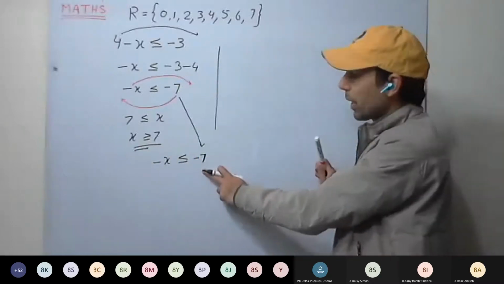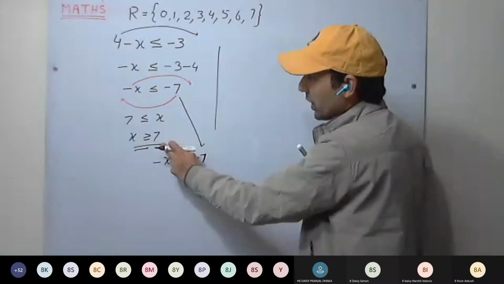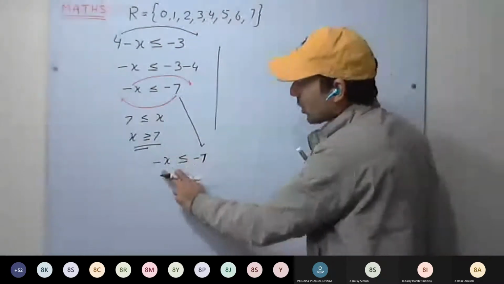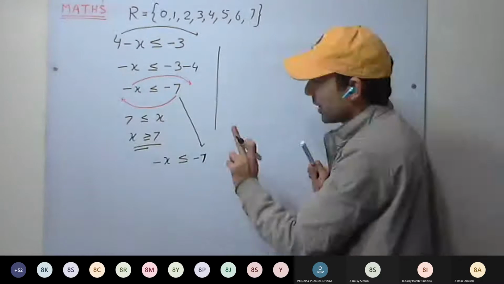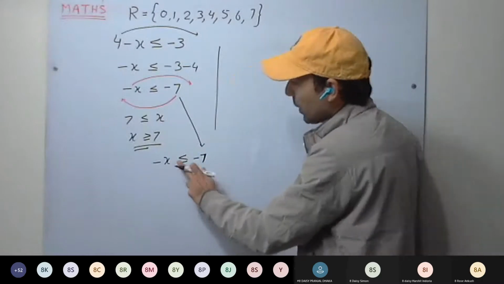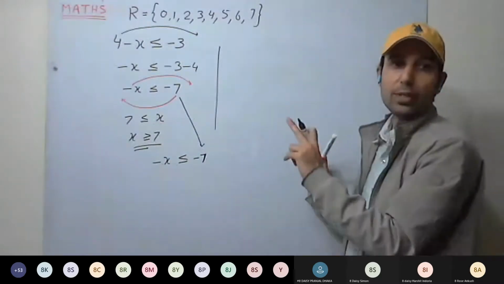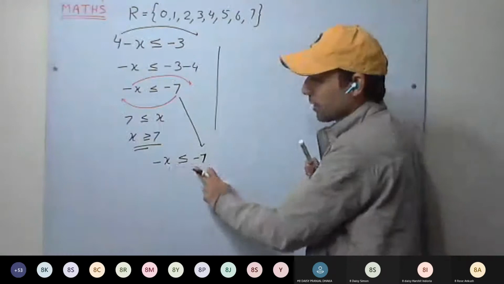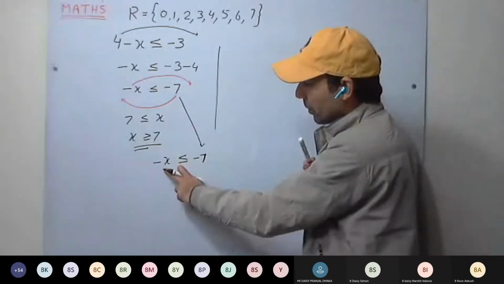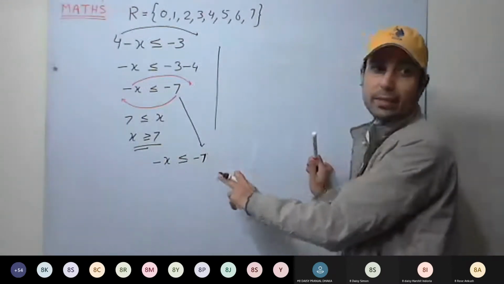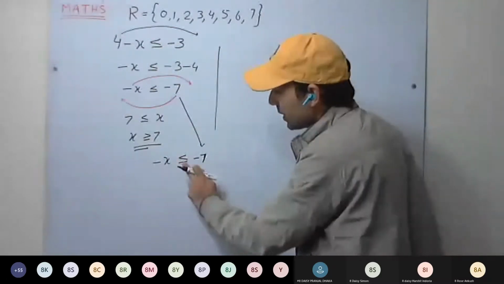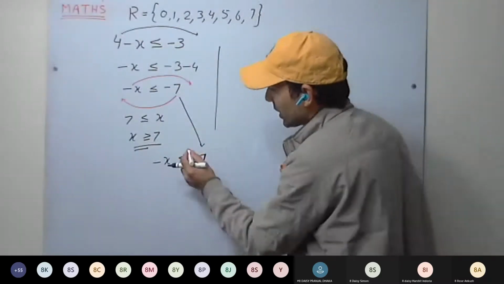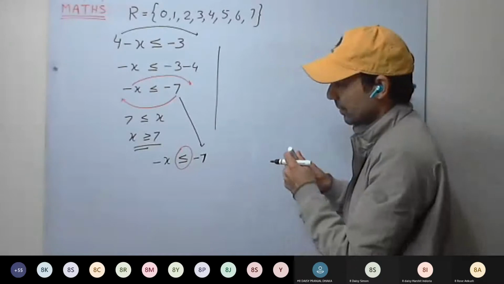This we are having, minus x. Either we can do it this way, or minus x less than or equal to minus 7 we are having. Now see here, if we are multiplying or dividing by a negative number on both sides, the sign will change.